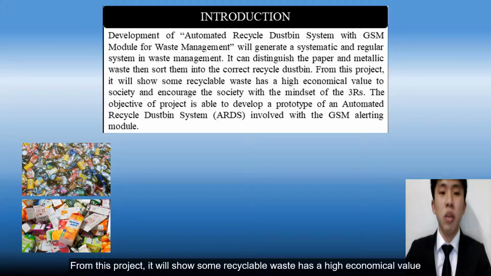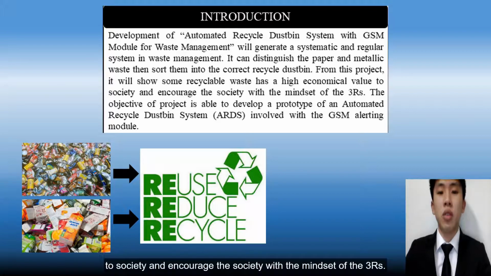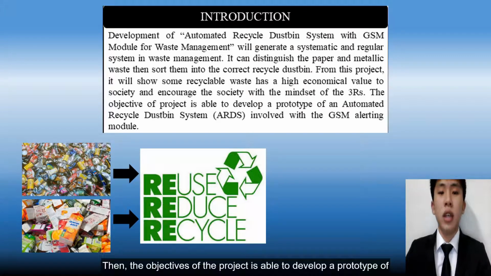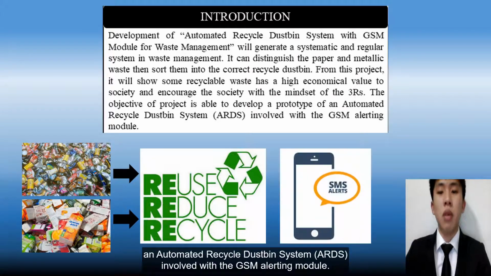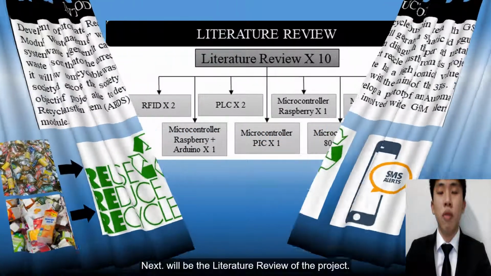From this project, it will show that some recyclable waste has a high economical value to society and encourage society with the mindset of 3 Rs. Then the objective of the project is to develop a prototype of an automated recycle dustbin system involved with the GSM alerting module. So next will be the literature review of the project.